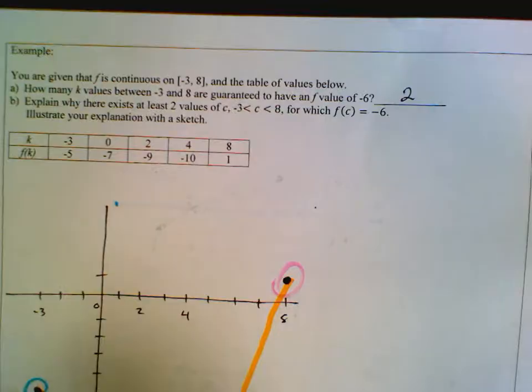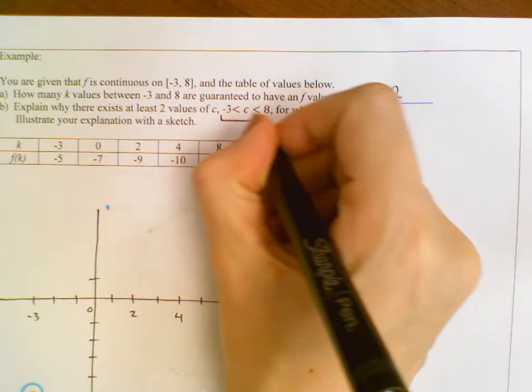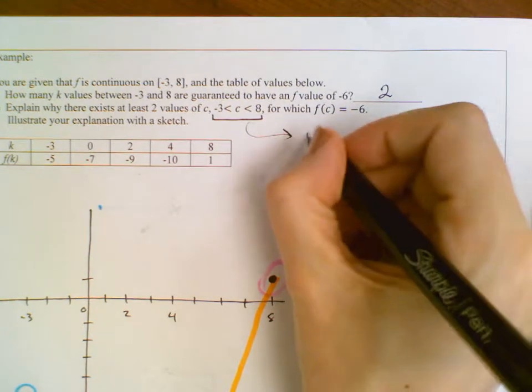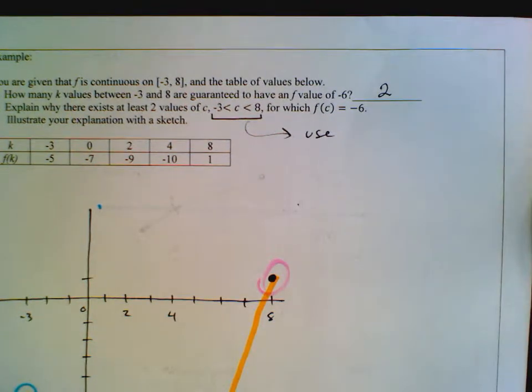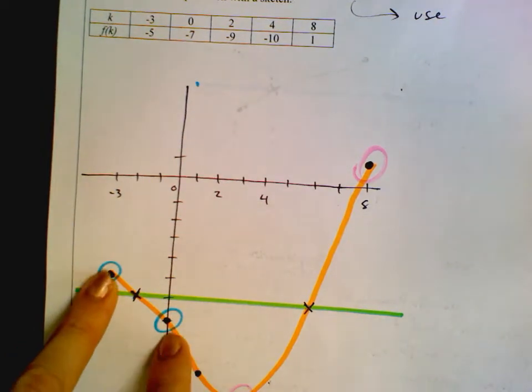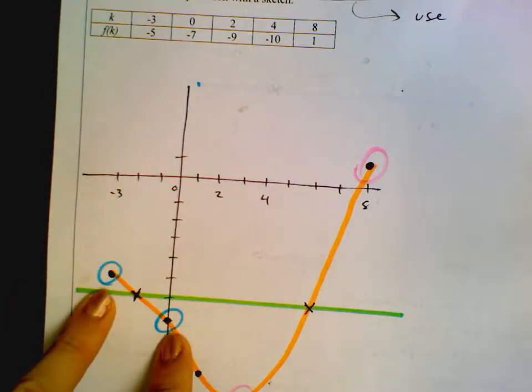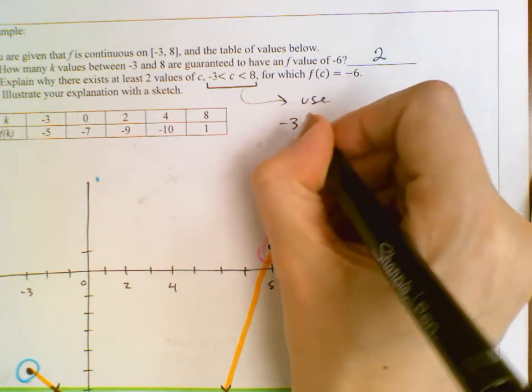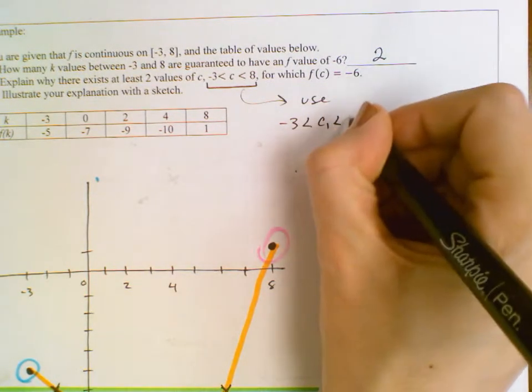Okay, for negative 3 to 0, we're going to use negative 3 less than C1 less than 0.